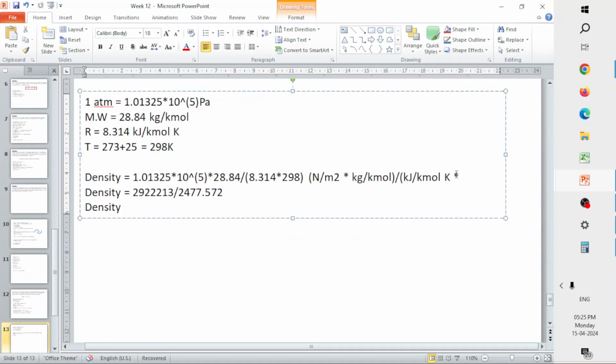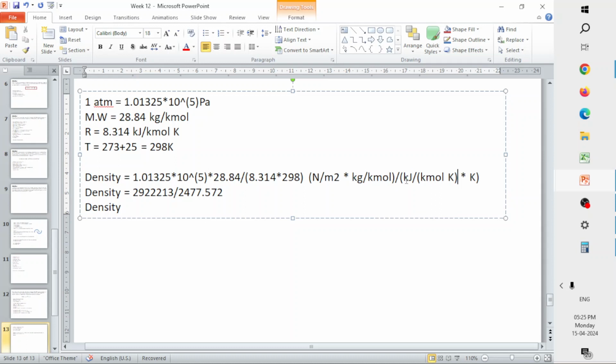So the Kelvin in the denominator and this Kelvin will get cancelled, kilomole will get cancelled.